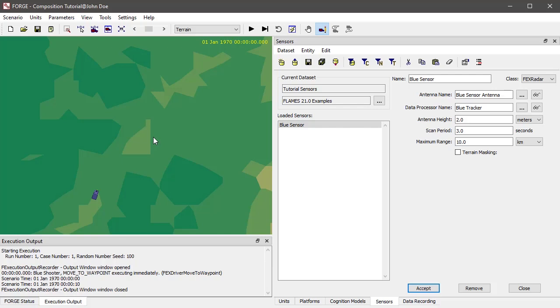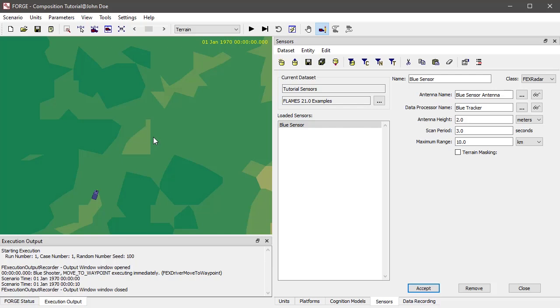Cognition models are the individual brains of all of the humans in the battle. And cognition models store the unique perception for each participant in the battle. And the data that is stored, again, comes from the local sensing capability of each unit and the communication capabilities, so what that unit can send. So we're going to talk about communication later, but we're going to talk about sensors and local sensing capability now.